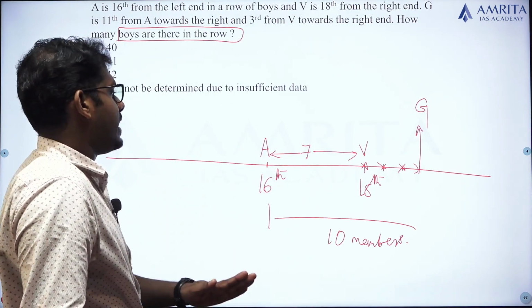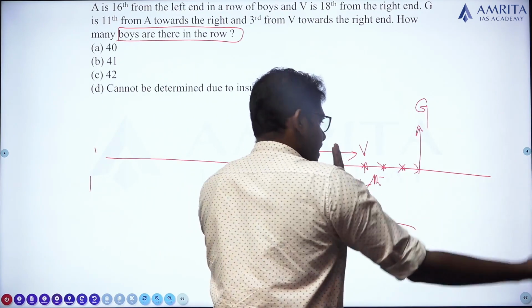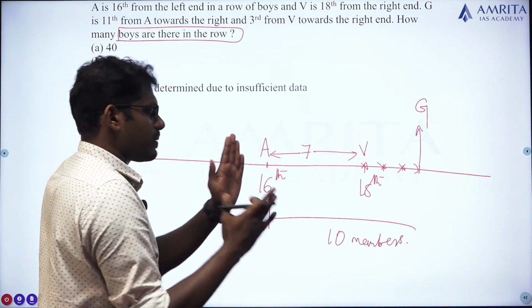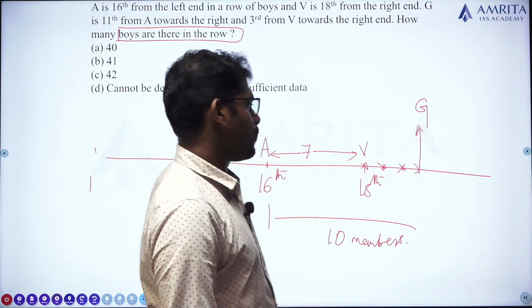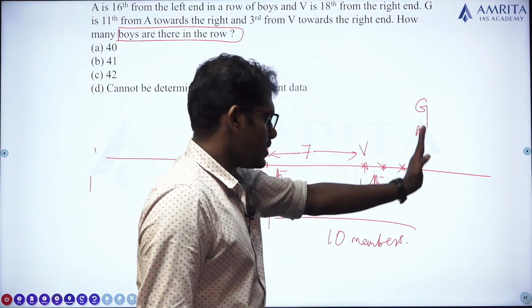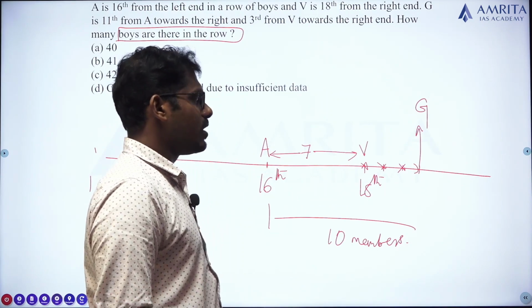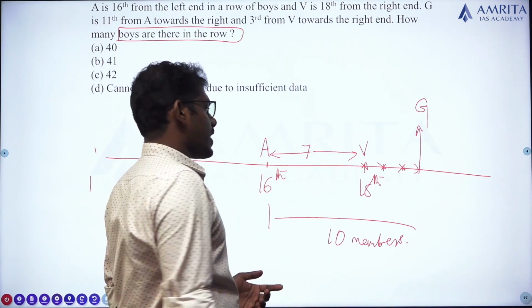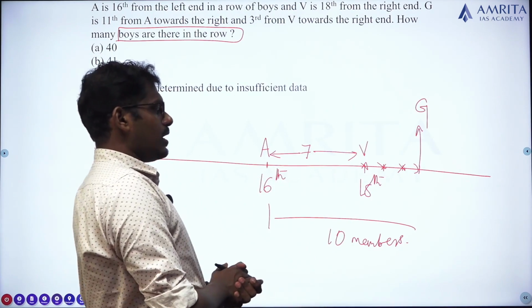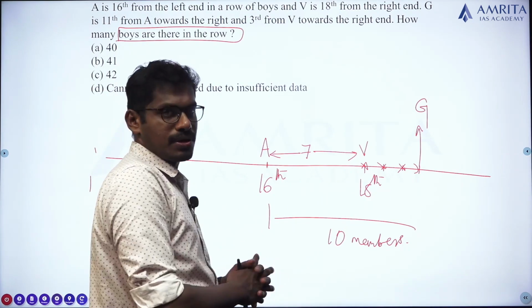What I said is A is 16th from the left and V is 18th from the right. Okay, fine. Now they say G is 3rd to the right of V: 1, 2, 3. And G is 11th to the right of A. Clear? Okay. So there are 10 members to the right of A excluding G; including G there are 11 members.